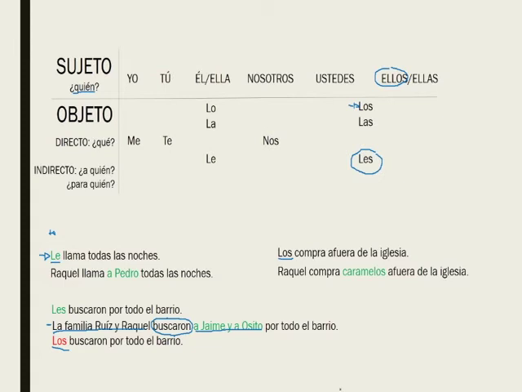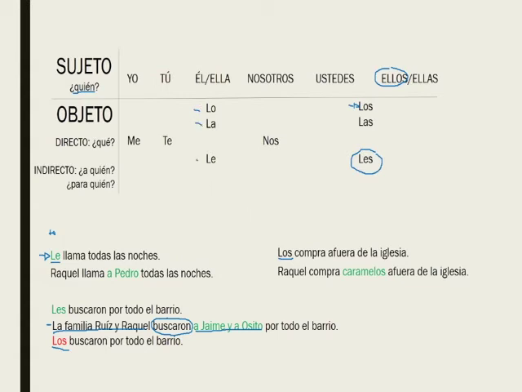Another example could be if I say, I love him. Him is who do you love? Or to whom is your love going to? It's an indirect pronoun. It's not what do you love, it's a person. My answer is going to be a person. Either way, the way we say it would be lo amo, a guy, or la amo, a woman.